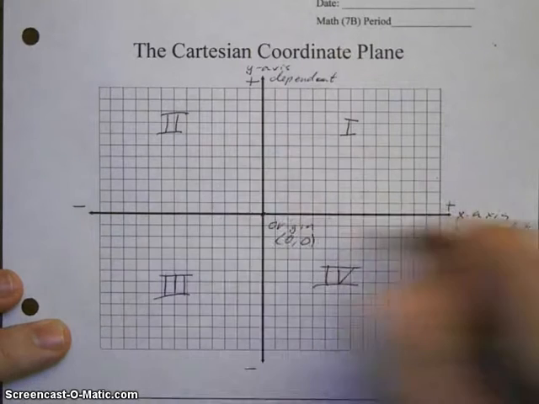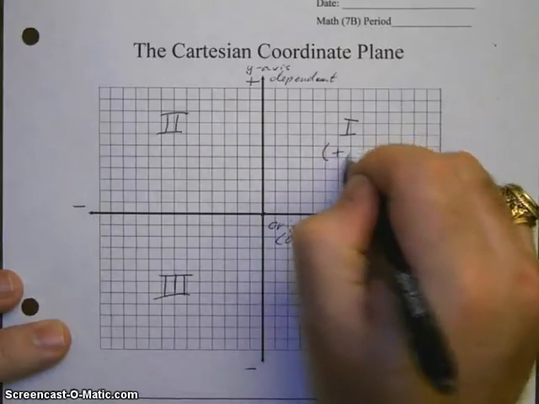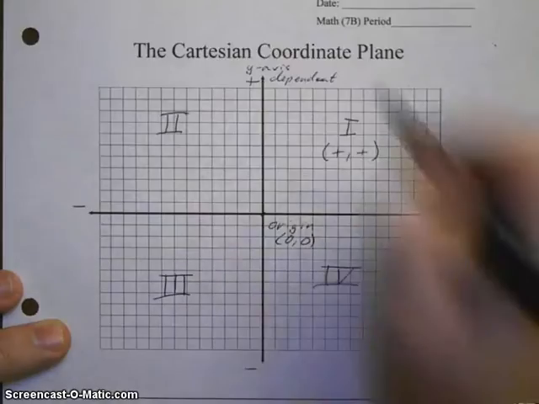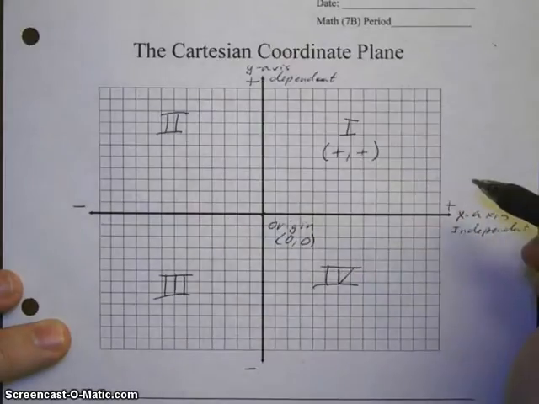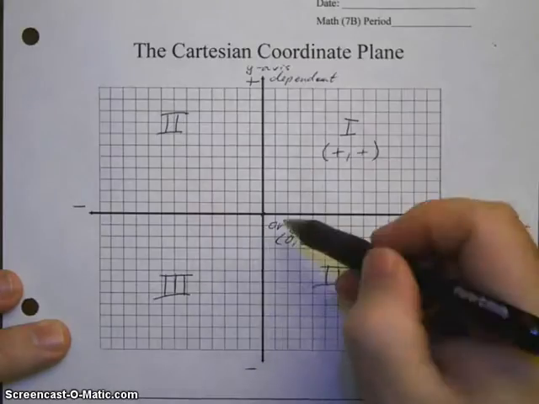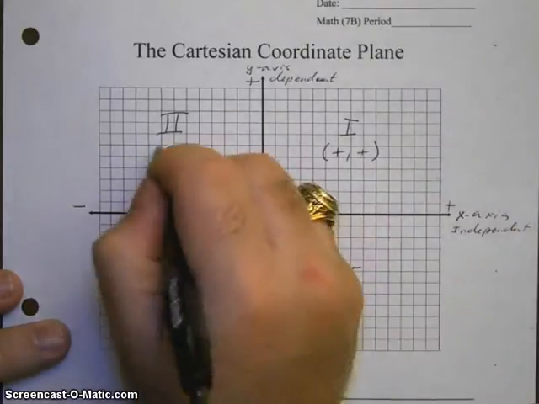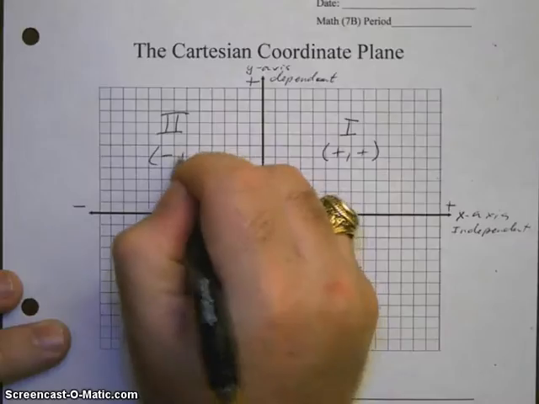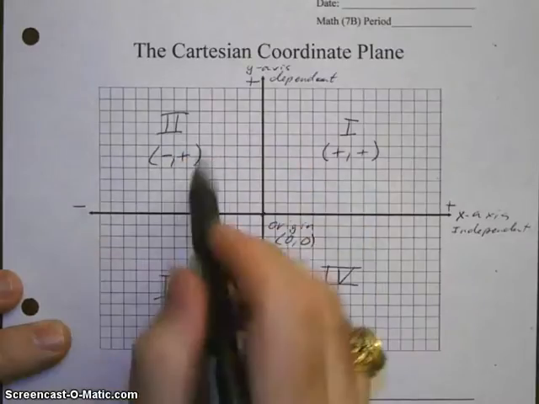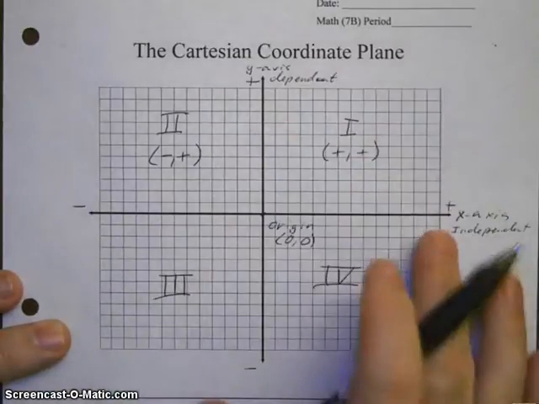So the first quadrant, quadrant 1, is sometimes referred to as the positive quadrant because all the values in this quadrant are positive. All the x values are positive, all the y values are positive. Quadrant 2 is the negative-positive quadrant because all the x values are negative and all the y values are positive.